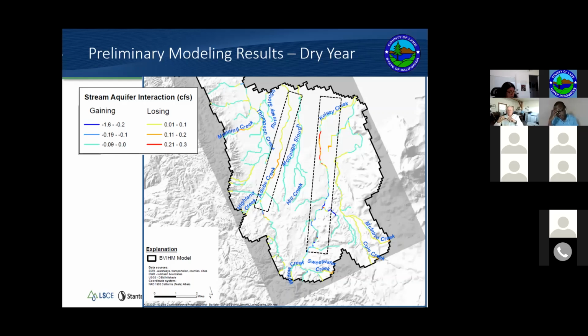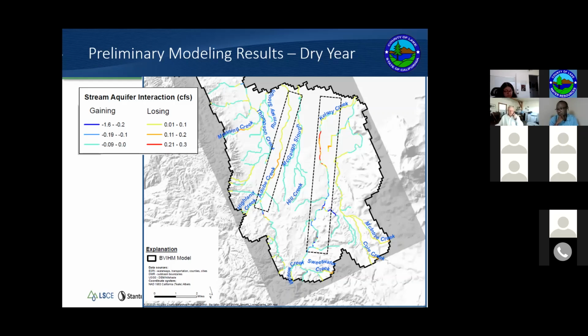So this is kind of a major concern here, about how the model identifies gaining sections and losing sections. Yeah, that's what we're talking about.